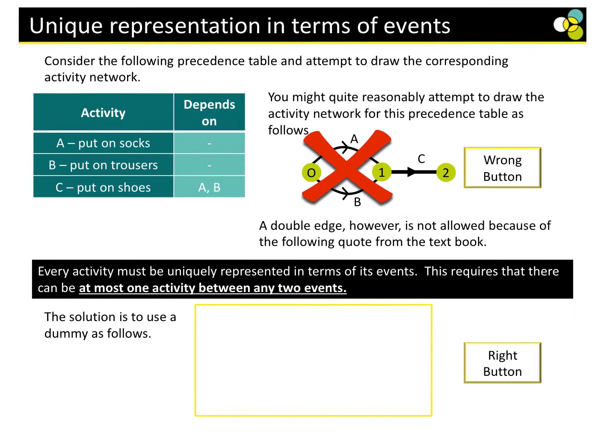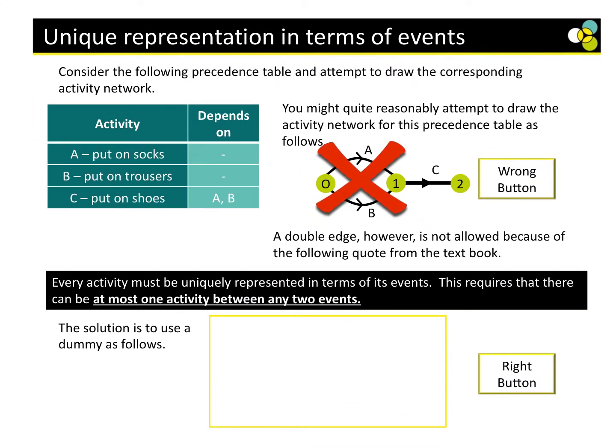So, this is a network that someone's drawn. Because C depends on A and B, can you see that you've gone from 0, you need A and B, and that outputs C? This is wrong. So, this is why we need to use a dummy. Now, the way I see it, if you're ever drawing and you have curved lines, you're going wrong. You have to use straight lines.